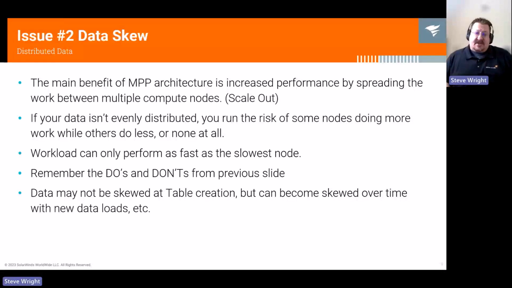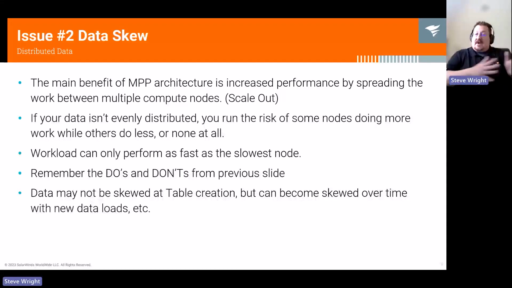So we talked about data skew already with regards to data movement, and data skew in particular is a common issue. Beyond data movement caused by distributing on the wrong key that isn't used in the joins and group bys, it could also be an issue where you just chose a bad distribution column, like ones that weren't distinct enough or have nulls. In that case you're going to have data skew.